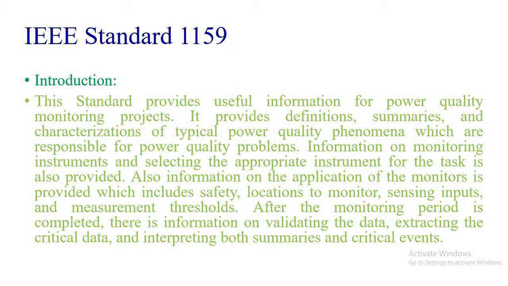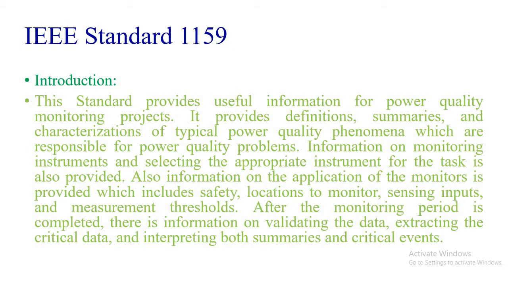The standard provides the definitions, summaries, and characterization of typical power quality phenomena that lead to power quality problems. In this standard, the discussion on the monitoring instruments and selection of the proper instrument for the task is followed by the information on the application of the monitors.